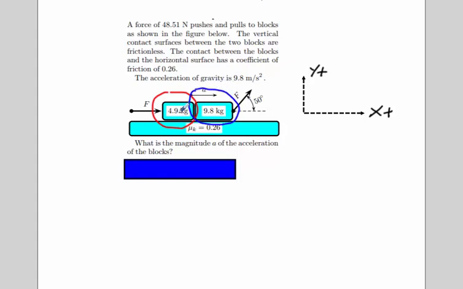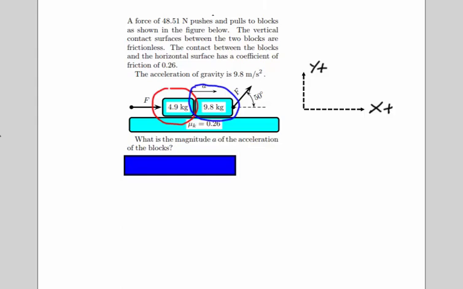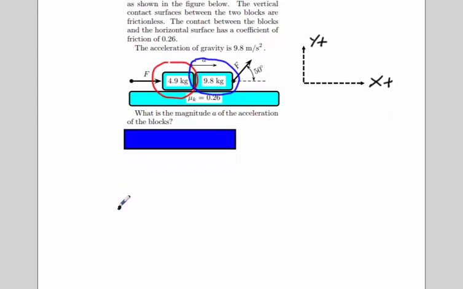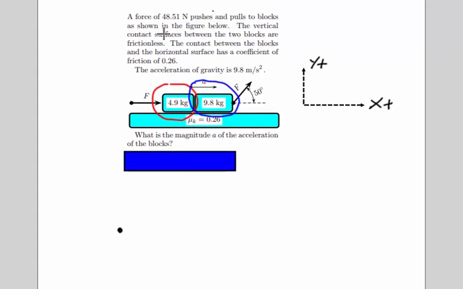So I will come down to the 4.9. I will put a single dot here, and now I'm going to think about what are all the forces being applied. Well, looking at the picture, I've got 48.51 going to the right, so we'll go ahead and draw that first.